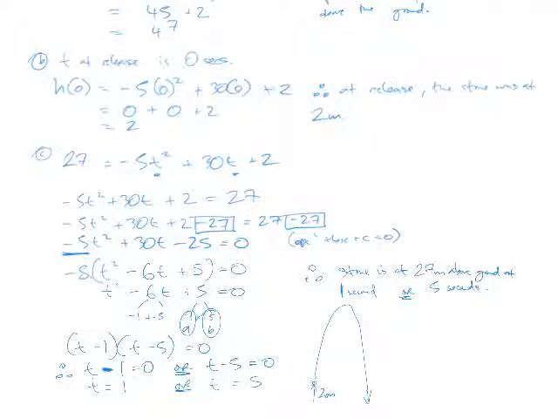After 1 second it's 27 meters above ground, and then there's going to be a point on the way down where it's again instantaneously at 27 meters above ground. Obviously this isn't to scale, but let's say that that is 27 meters in height. There are 2 points on the parabolic trajectory of this stone that are 27 meters above the ground. Therefore, 2 results, 1 second and 5 seconds.